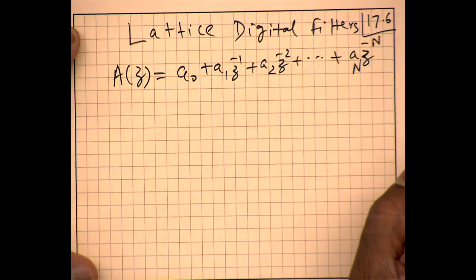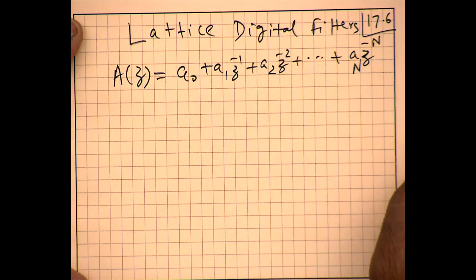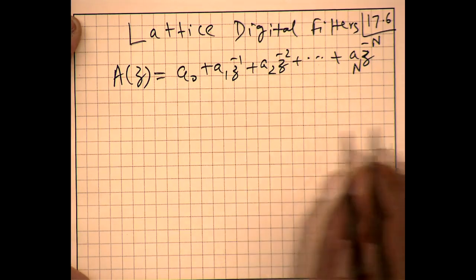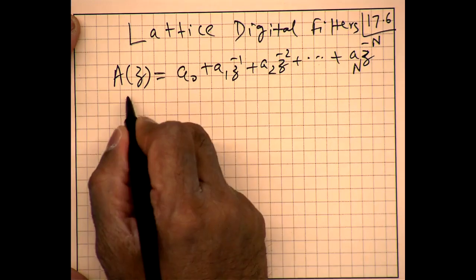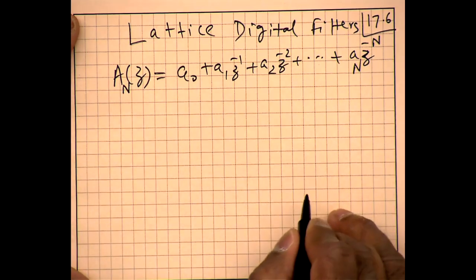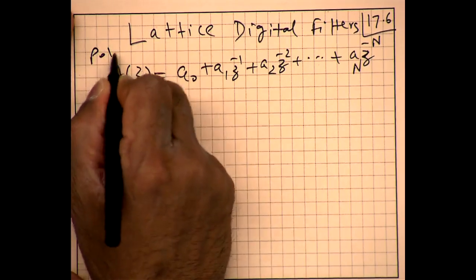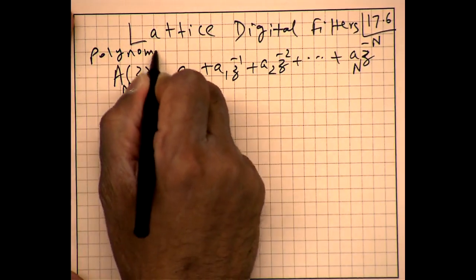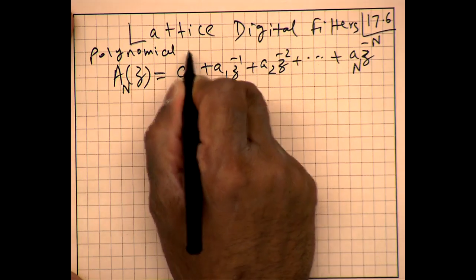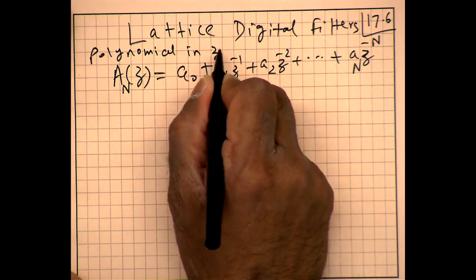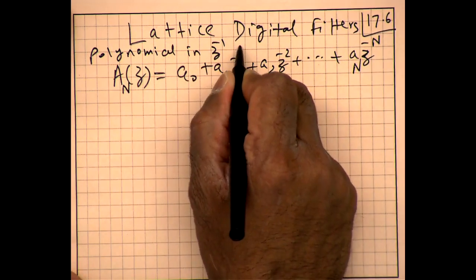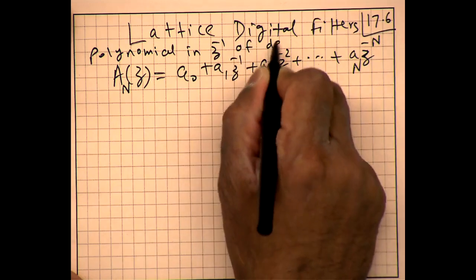Okay, so that's a polynomial in z to the power minus 1. Now I can call that An(z) to indicate that it's of degree n. So this is a polynomial in z to the power minus 1 of degree n.